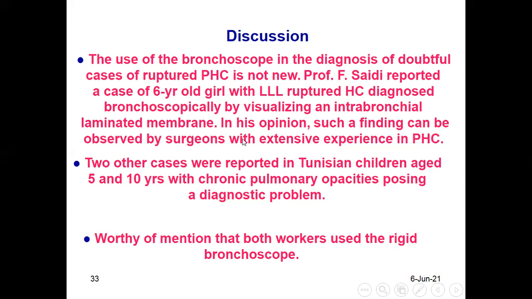In his opinion, such a finding can be observed by surgeons with extensive experience in pulmonary hydatid cyst. Two other cases were reported in Tunisian children aged 5 and 10 years with chronic pulmonary opacities posing a diagnostic problem.